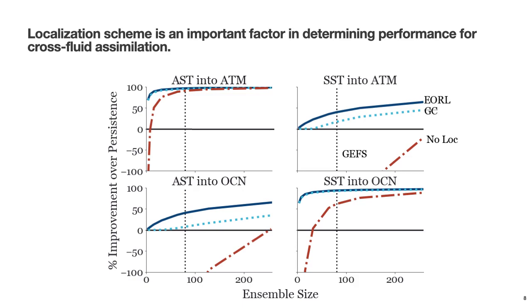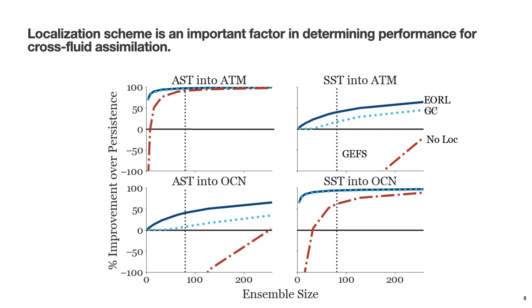Again, that's consistent with what we saw before, but even out to 240, 250 ensemble members, we're still not seeing a huge improvement, and even with the very best localization scheme, it's still not a giant improvement.